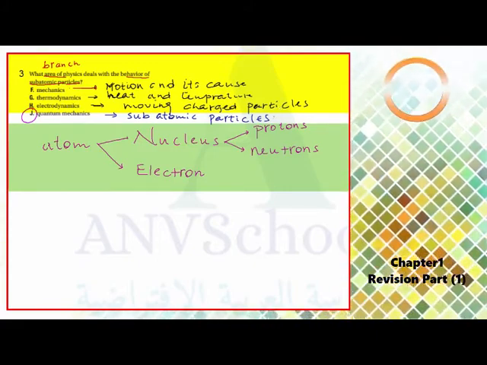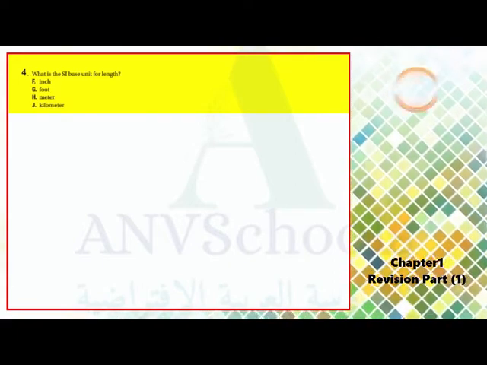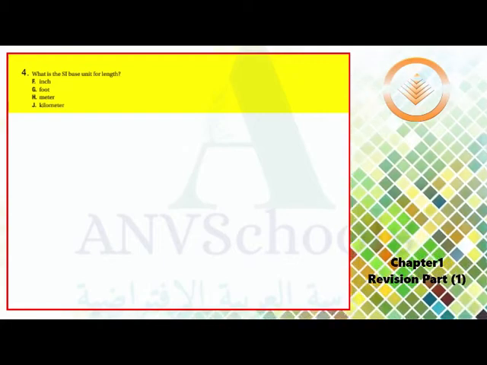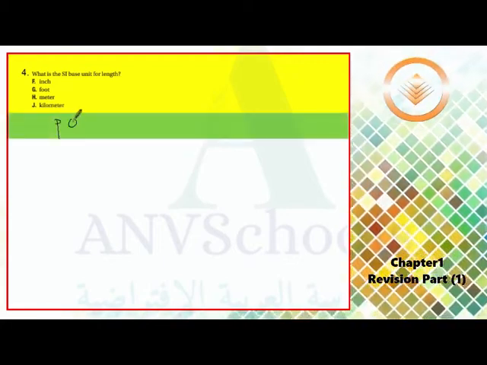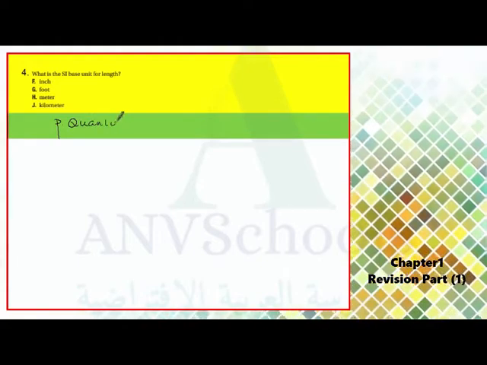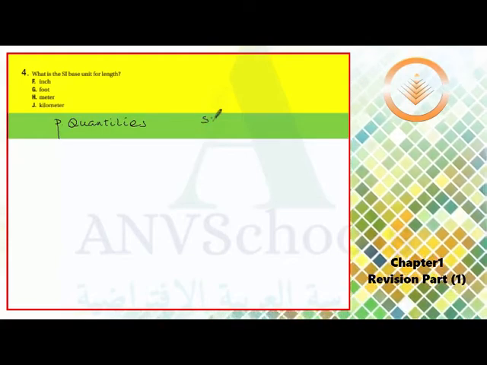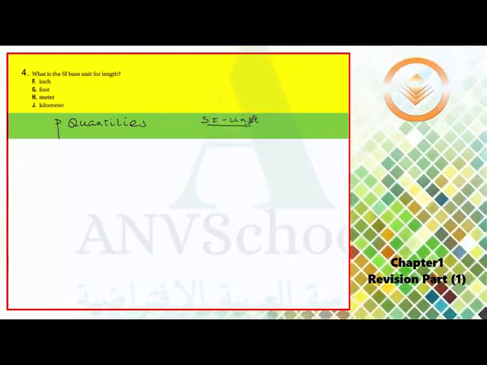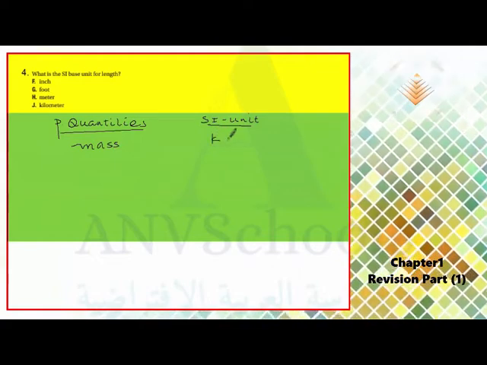Fourth example is: each physical quantity has its own SI unit. For example, mass is a physical quantity and its SI unit is kilogram.